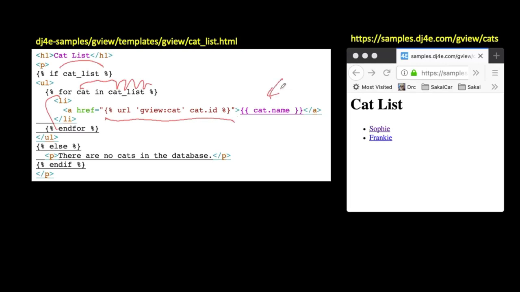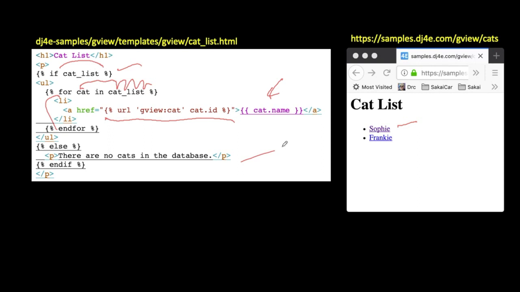So the cat has a name, and the cat has a primary key, and so we are going to generate a link to the cat Sophie, and underneath that link is the link to /cat/12, whatever that number is. And if the cat list is empty, we're going to say there are no cats in the database.